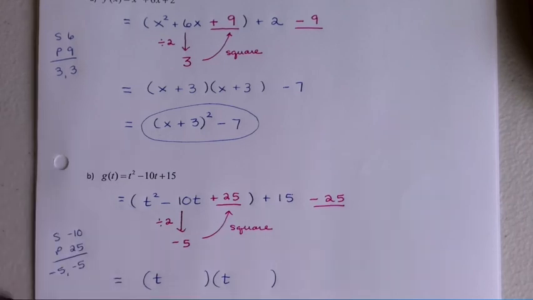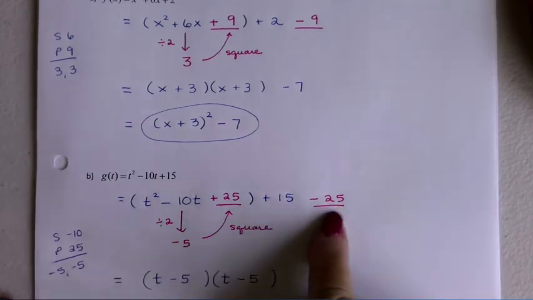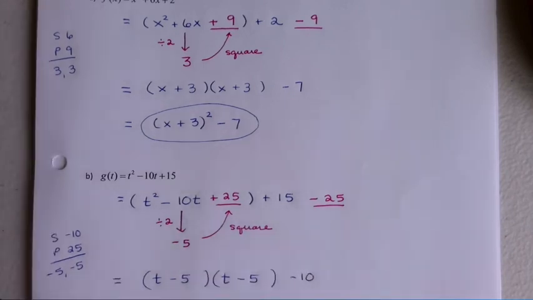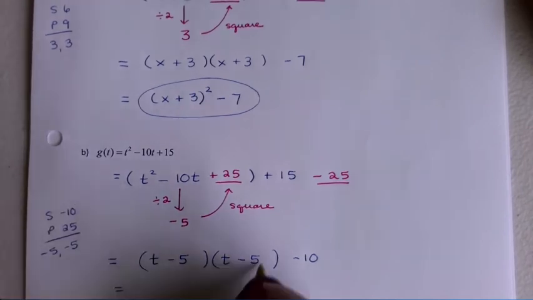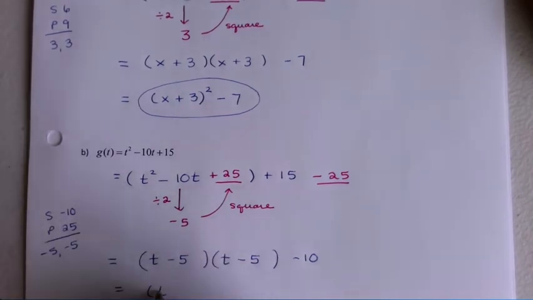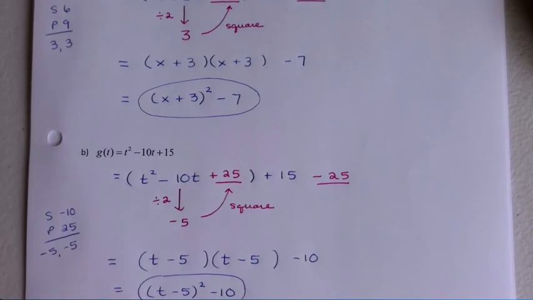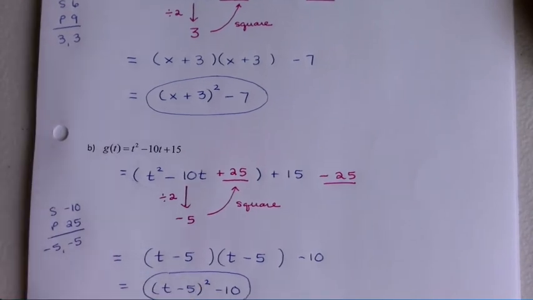We'll do that. And then on the outside of the parentheses, I have a minus 10. So I could rewrite that as t minus 5 squared minus 10. There's that vertex form, something squared plus or minus a constant.